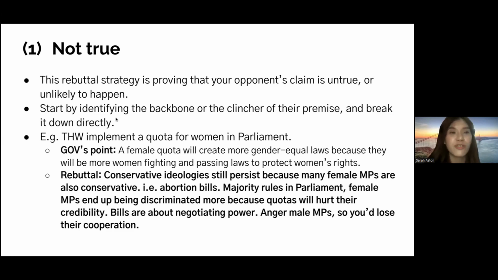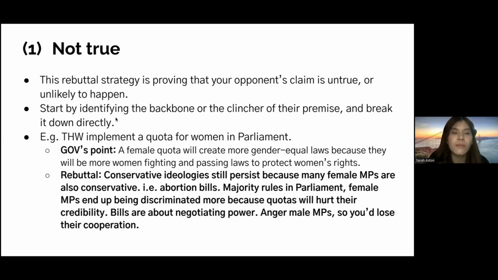This is very intuitive, right? The lawmakers that we have are often men, and it's very obvious that Gov is probably going to talk about this. So if you were to get this motion, you are already able to think about the response that you would have. This is a preemption, okay?